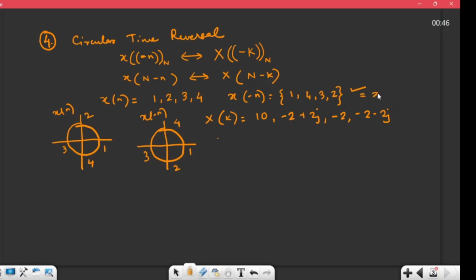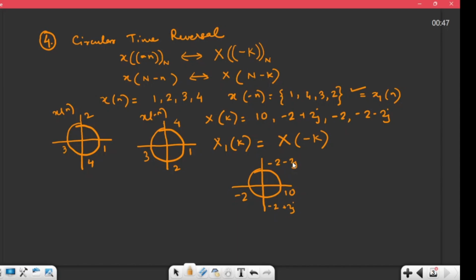Let the sequence be written as x1(n). So what is X1(k)? X1(k) will be the DFT X(k), but reversed in k. You have to go anti-clockwise. If I arrange it on the circumference of the circle, then 10, minus 2 plus 2j, minus 2, minus 2 minus 2j is X(-k).